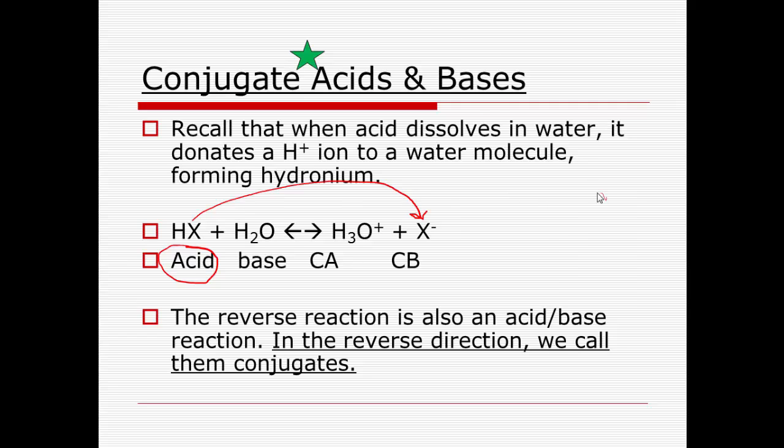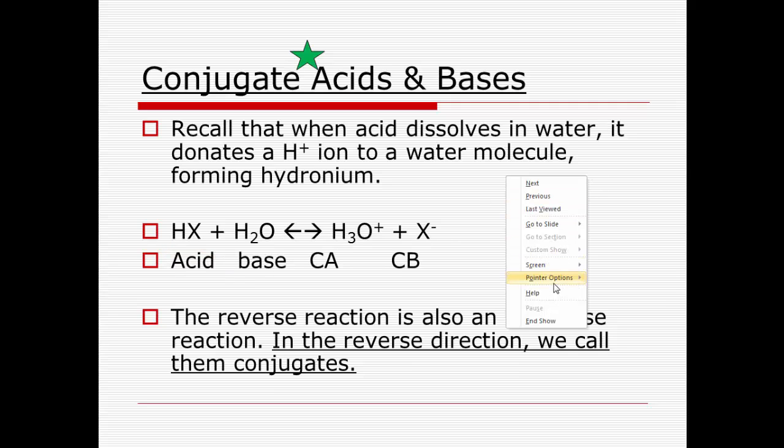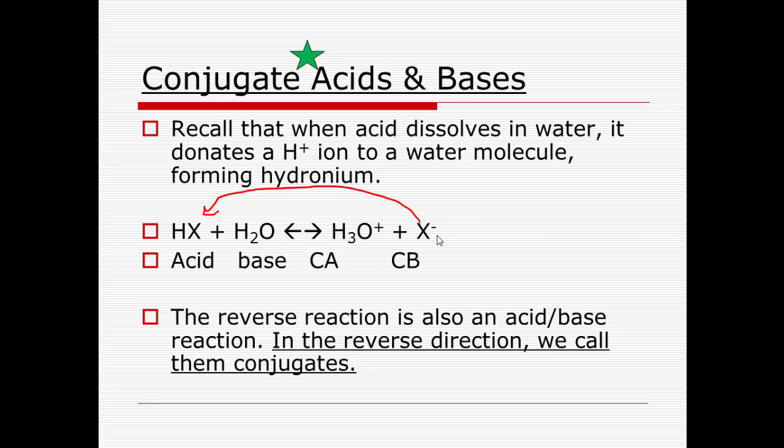But if we want to consider the reverse reaction, let's consider the reverse reaction. X turning into HX. In the reverse reaction, X is accepting a hydrogen. Well, who accepts hydrogens? Bases do. So in the reverse reaction, X is acting like a base, okay?